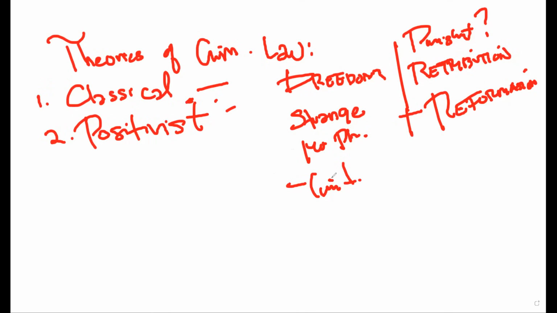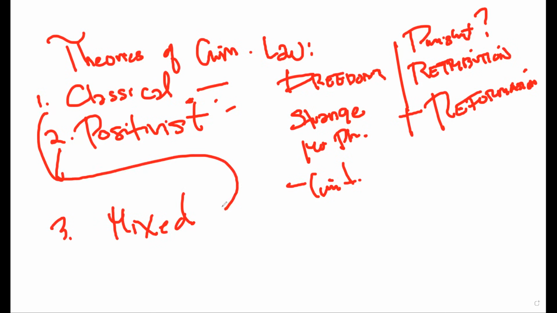Mitigating circumstances, if present, would lessen the penalty to its minimum period, di ba? There's one theory also, which is the mixed theory, which is the combination of the classical as well as the positivist theory.